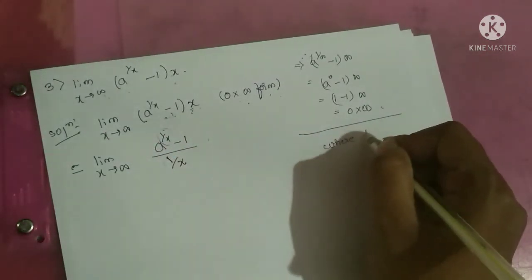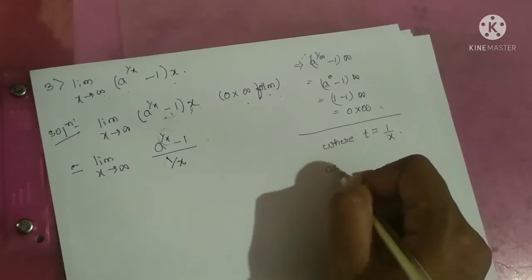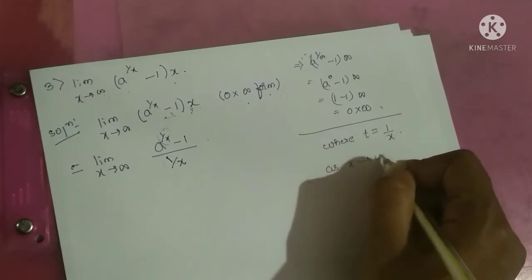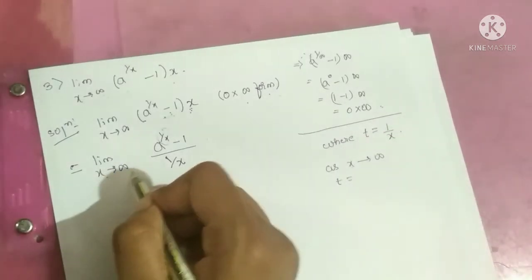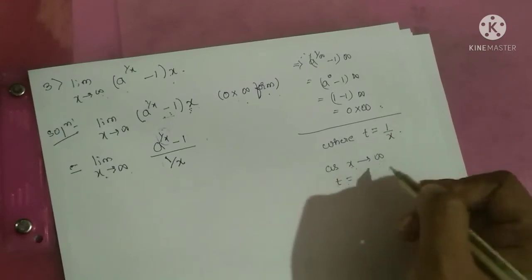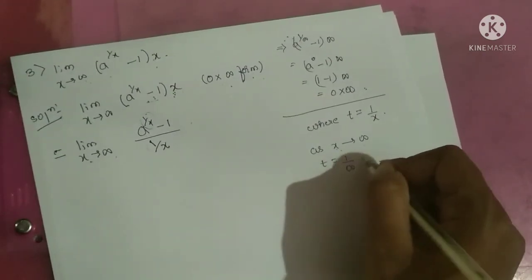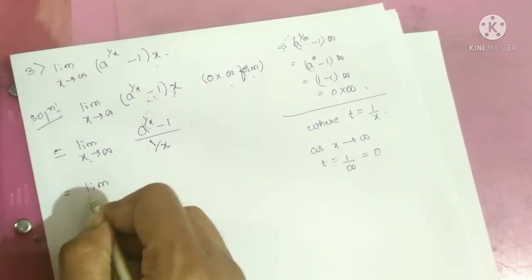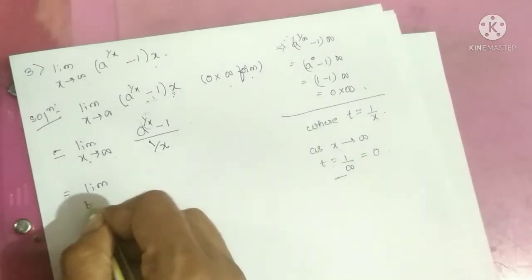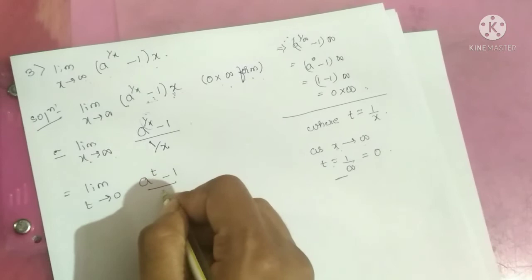So I'll replace 1 by x by t. As x tends to infinity, the value of t also changes: 1 by infinity is 0. So limit x tends to infinity changes to t tends to 0, of (a to the power of t minus 1) divided by t.